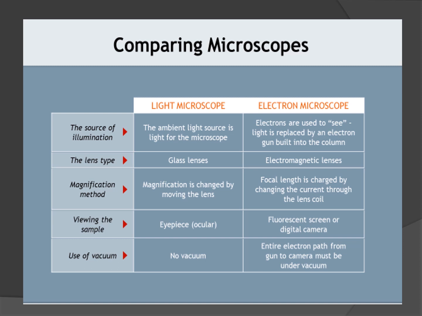In the EM, the focal length is changed by changing the current through the lens coil. In a light microscope, you use the eyepiece or ocular. In an EM, the fluorescent screen or digital camera. Vacuum: no vacuum in a light microscope, but in an EM, the entire electron path from gun to camera must be under vacuum.